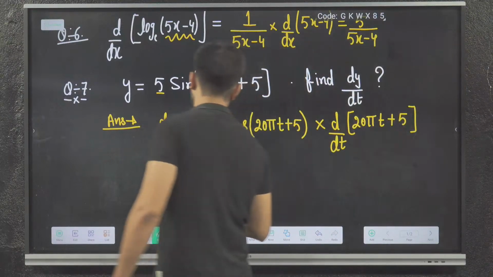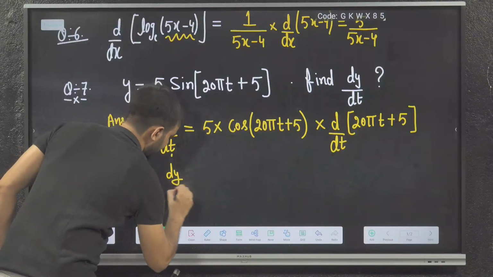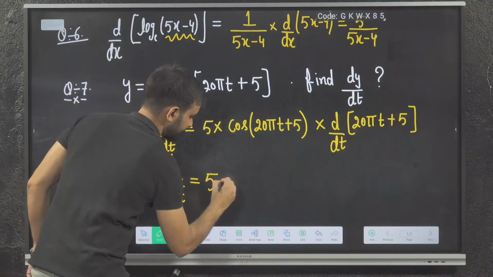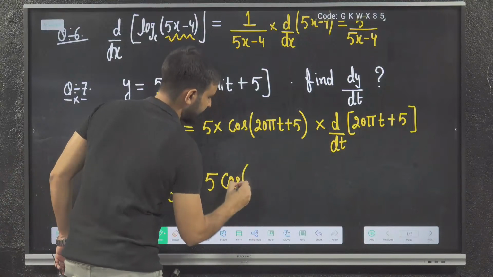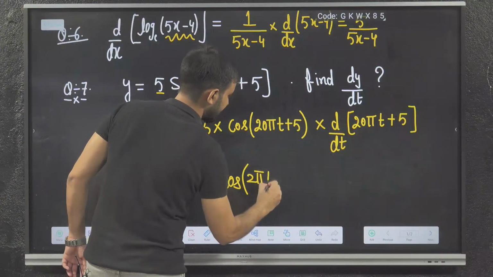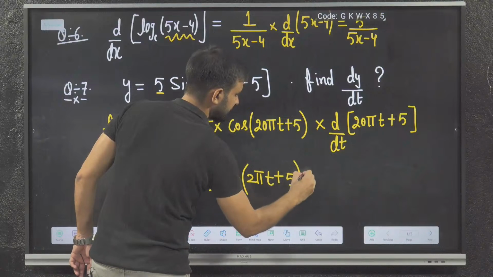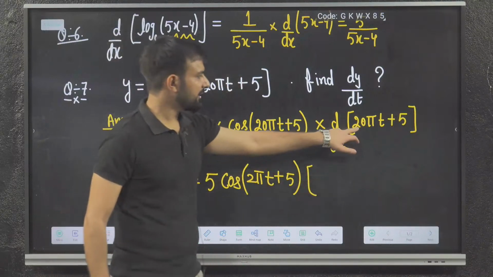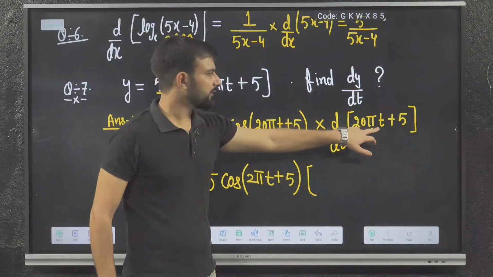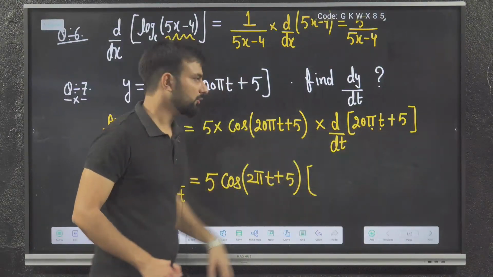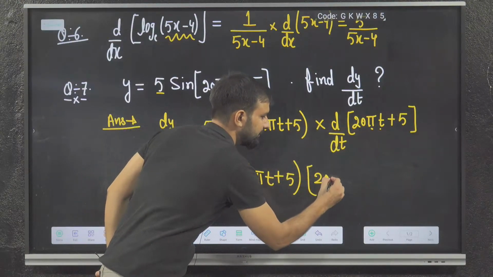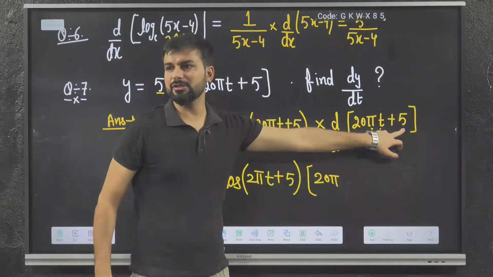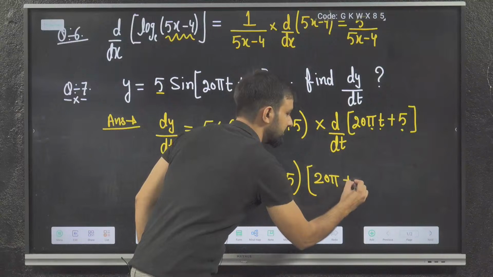So what answer will I get? My dy by dt will be equal to 5 here, then cos of (20 pi t plus 5) into, what is the differentiation of this 20? 20 is constant, pi is constant. What is the differentiation of t, beta? 1. So I will get 20 pi. What is the differentiation of 5? Is 5 variable or constant? So the differentiation of 5 will be 0.